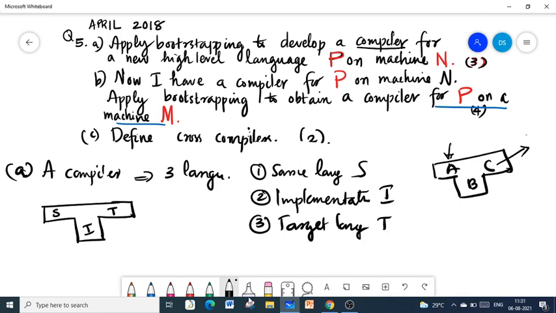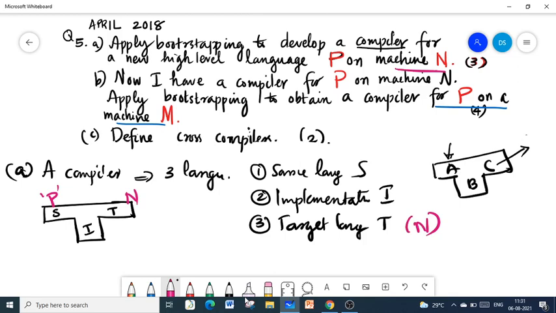In the question it is given that we have to develop a compiler for a new high level language P. So instead of source language you have to write P. On machine N. Machine N means N is the target language that is to be obtained.